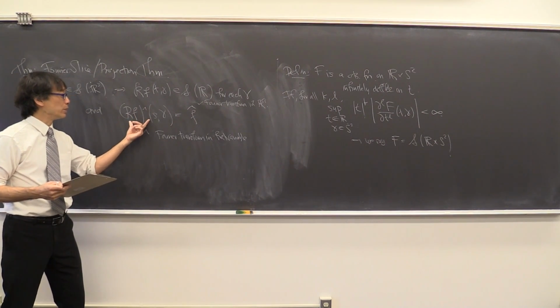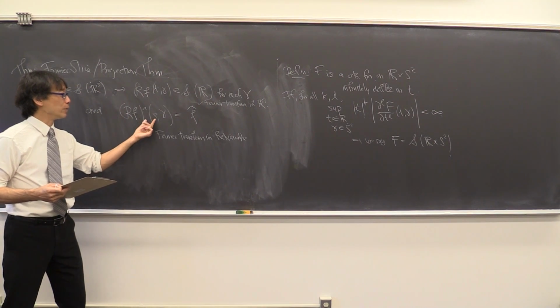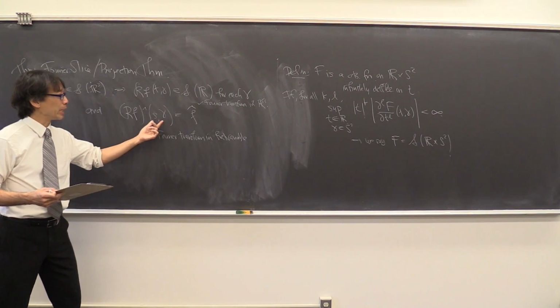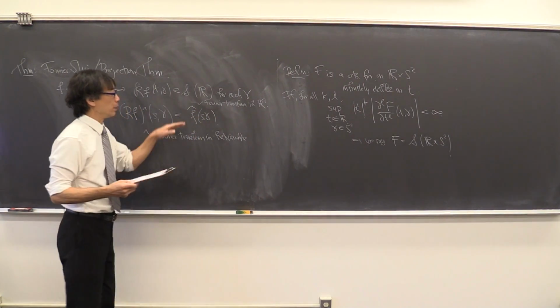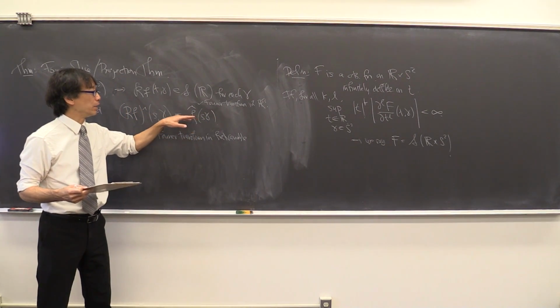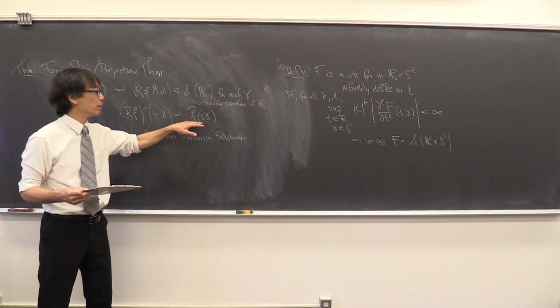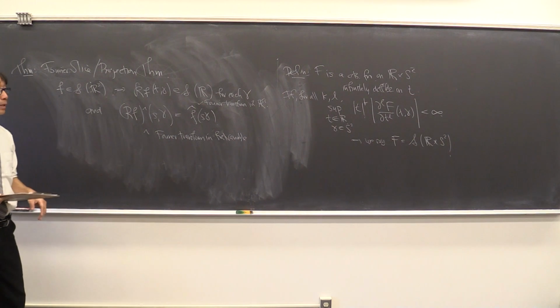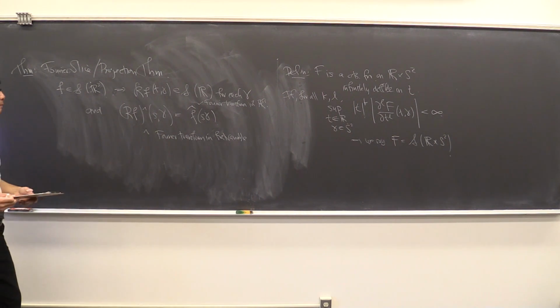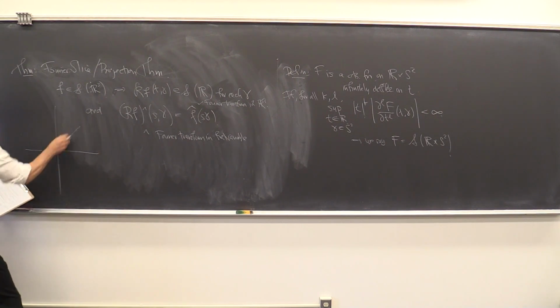So we take the one variable Fourier transform in the first variable here at s comma gamma, and that turns out to be the same thing as the three-dimensional Fourier transform in R3 of the function at s times gamma.